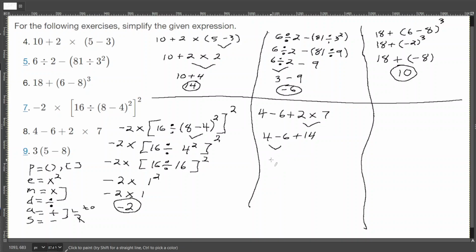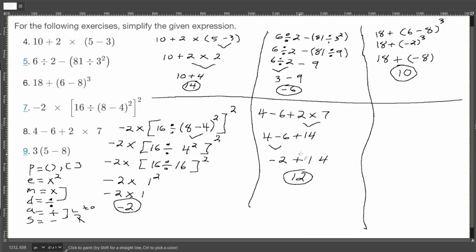So that'll be -2 plus 14, which will be 12, right? And we might have gotten that if we added, right? But that is -6 plus 14, right? So that would be, it's not just 6 plus 14, it's a -6 plus 14, right? So that would be 8. And then you would get 8 plus 4, 12.